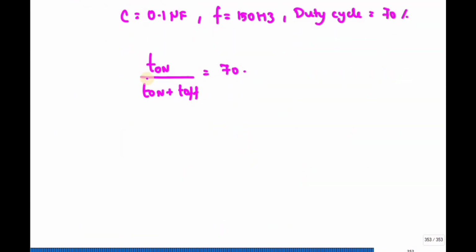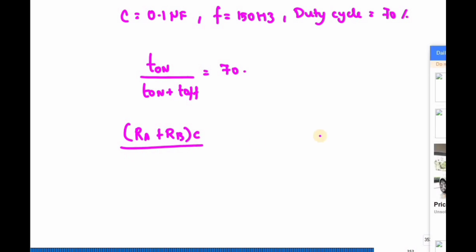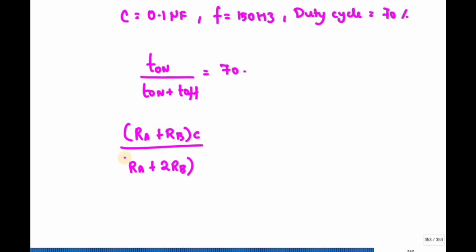T on is nothing but 0.693 RA plus RB into C, right? And this is nothing but RA plus 2RB into C. Okay, so this will get solved. So this is equal to 70, and this is my duty cycle, right?